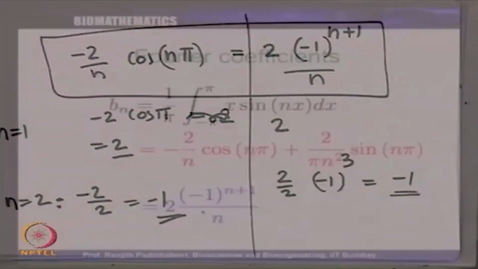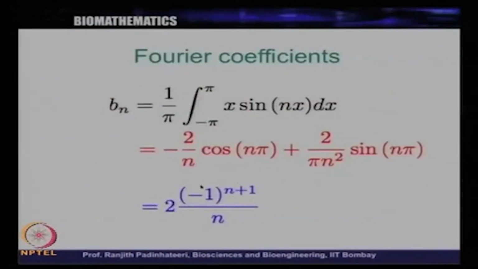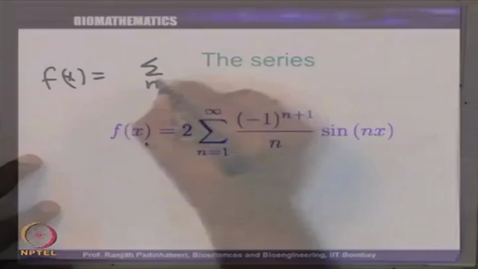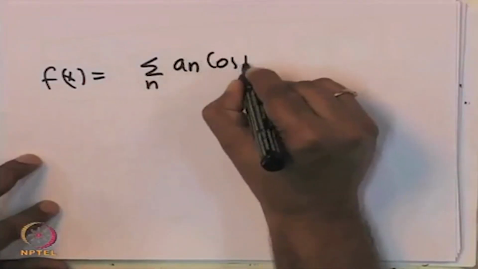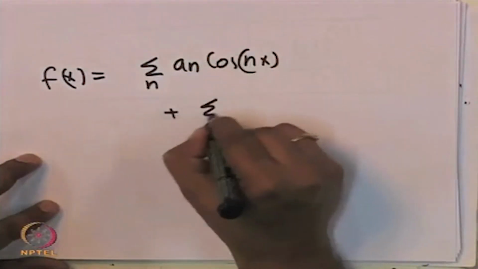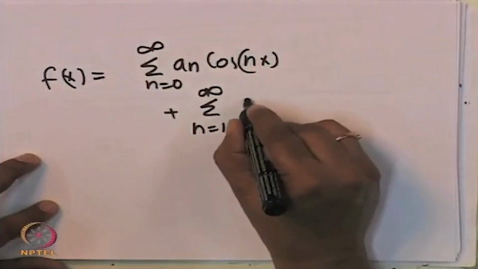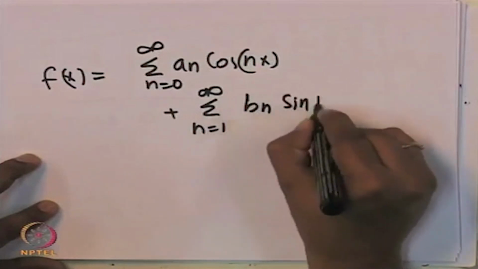So, essentially what you get is that b n is the only non-zero term. A0 is 0, a n is 0, b n is non-zero, which is this. So, you substitute this back in f of x. We had already found that f of x can be written as sum over n of a n cos n x plus sum over n equal to 1 to infinity, you can write 0 to infinity if you want, b n sin n x.